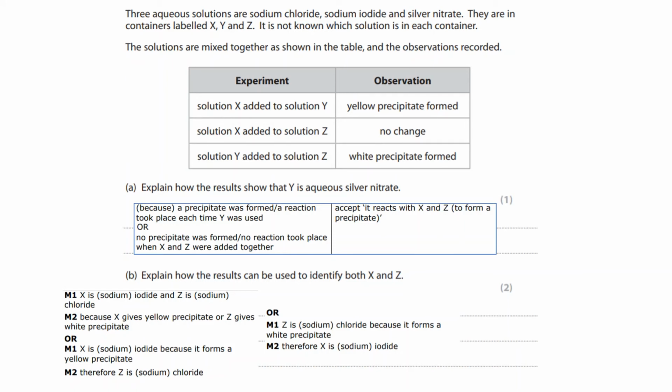Except it reacts with X and Z to form a precipitate, because there's a common solution in the first row and the third row. And the mark scheme for the second part: X is sodium iodide, Z is sodium chloride because of the colored precipitate formed.